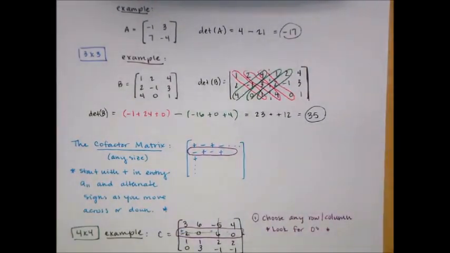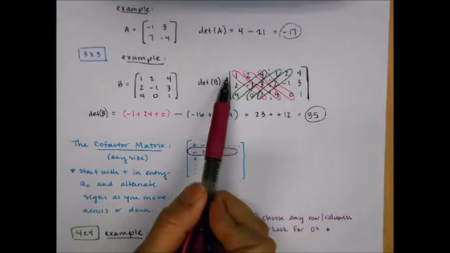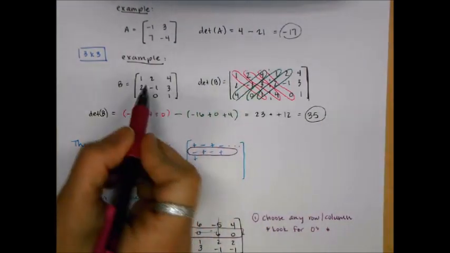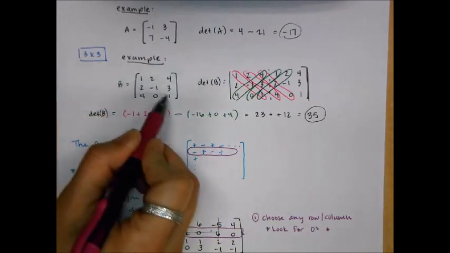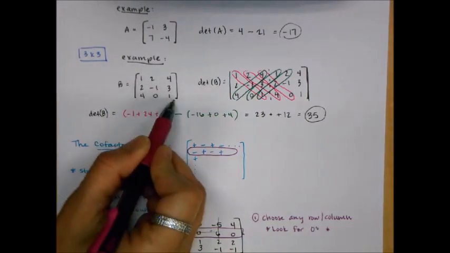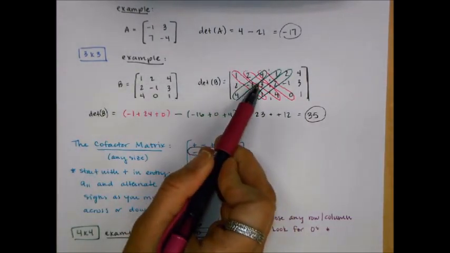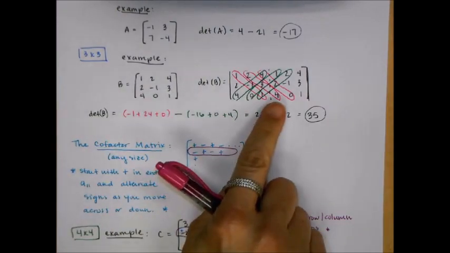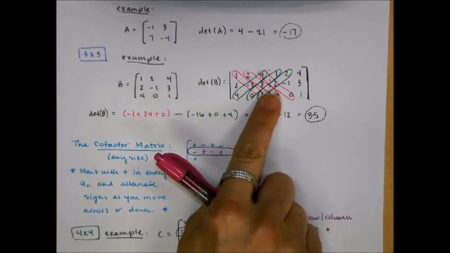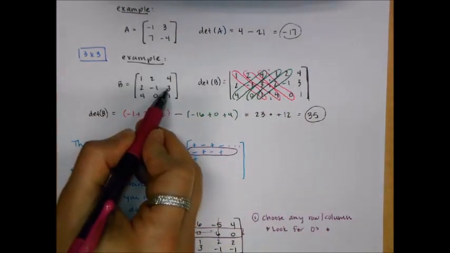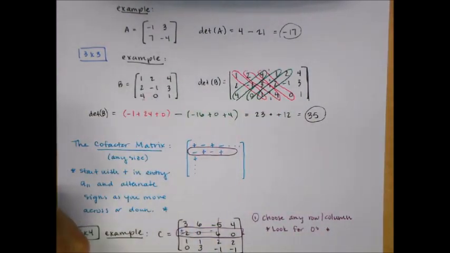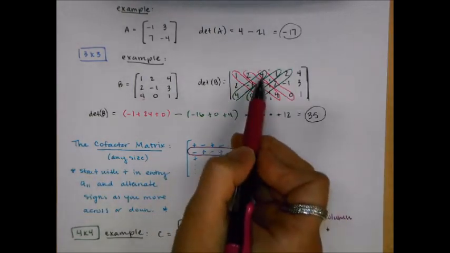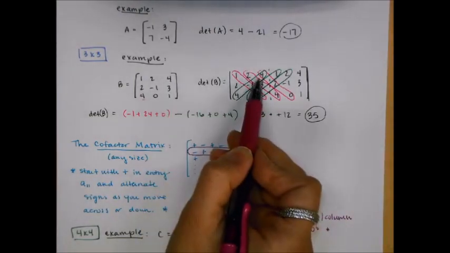We did 1, -1, 1. So we went right down that main diagonal here, top to bottom. We then did 2, 3, 4. So that 2, 3, and the 4 at the bottom here is the 4 from that first column. So we did 2 times 3 times this 4 over here. And last we did the 4 at the top here with 2 times 0, and that 2 times 0 came from here.